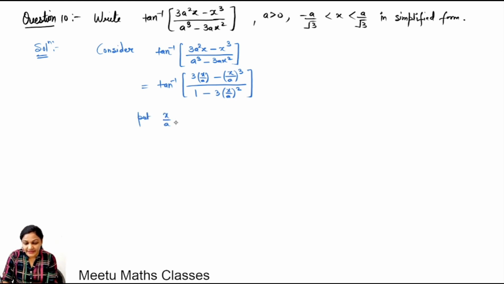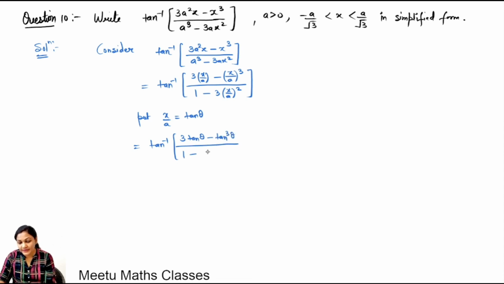Put x by a as tan theta. So your function will become tan inverse of (3 tan theta minus tan cube theta) upon (1 minus 3 tan square theta). And this is the formula for tan 3 theta. So replace this with tan 3 theta.